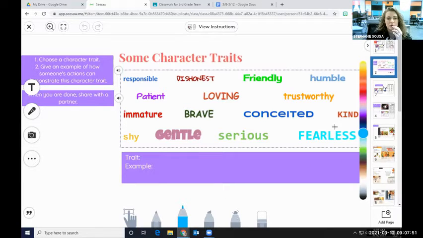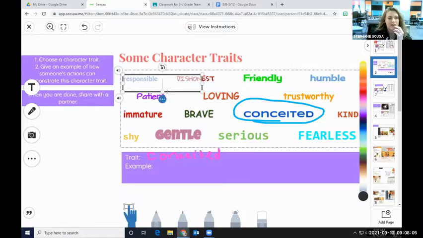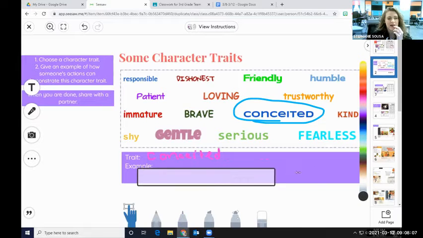I'm going to choose the word conceited. Okay, so the trait is conceited. Now there might be words on here that you don't know what they mean, and that's okay. Just don't do that word. Here's an example of how someone's actions can make them conceited.